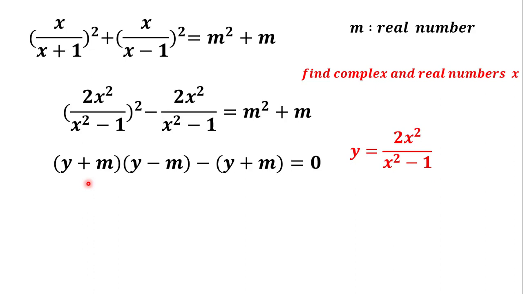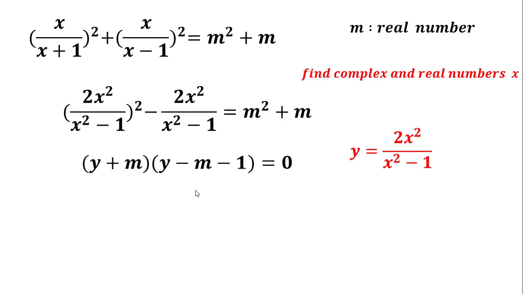As you can see, y plus m is a common factor, and we can factor it out. Every parenthesis can be set to 0: y plus m equals 0 and y minus m minus 1 equals 0. From this equation we can write y equals minus m, and from this equation we can write y equals m plus 1.